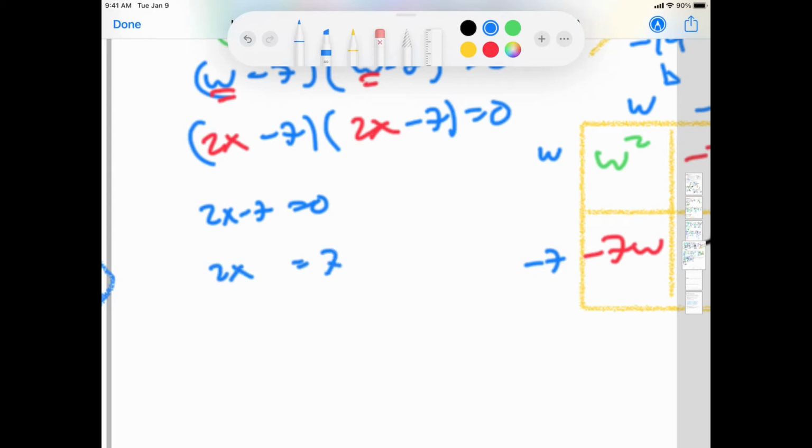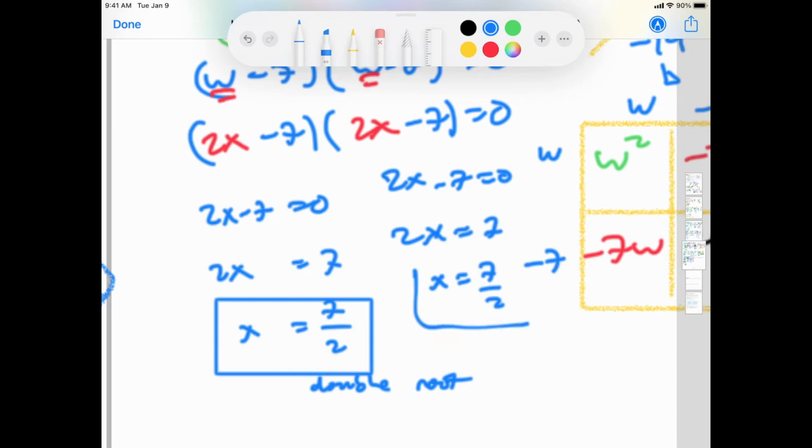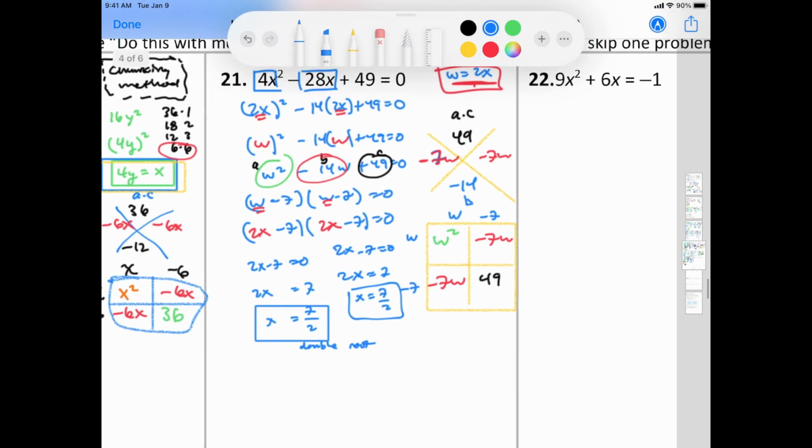Add 7 to both sides and divide by 2, you get x equals 7 halves. And that's actually a double root. You're just noting that if you did this same problem over here, you'll get x equals 7 halves. So you're actually getting it twice.